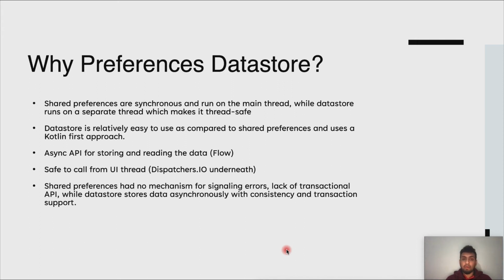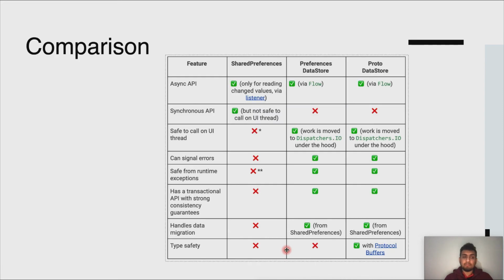So that is about data store. Let's compare some more things about data store and shared preferences. The first thing is async API. In shared preferences, as I said, there is only async API for reading data, not for changing data. But in preferences data store, everything is on flow, and same on proto data store.